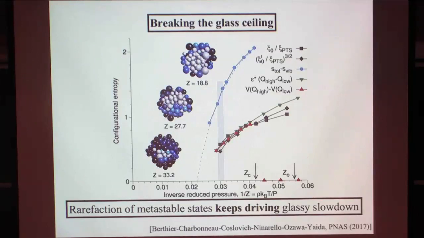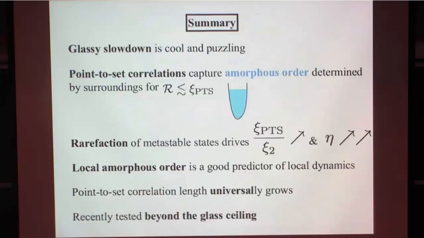In summary, glassy slowdown is pretty cool and puzzling, but the point-to-set approach tried to solve this problem by postulating that the amorphous order is captured by point-to-set lengths or correlations, and it seems to be working. The random first-order or metastate picture drives this growth of the point-to-set length and the two-point correlation length, and shear viscosity grows.